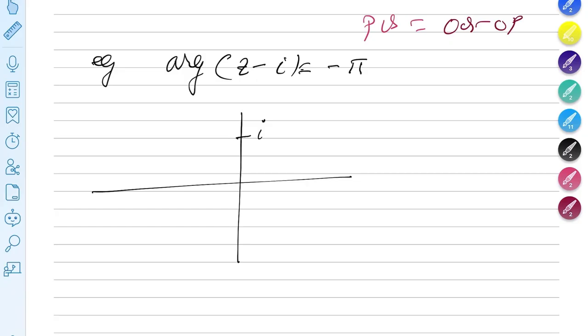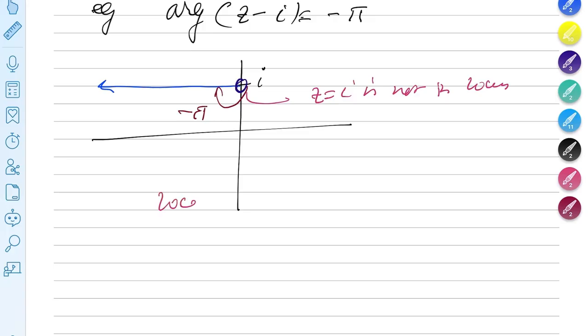So z will be on this side only, then only its angle will be minus pi. They represent all the rays originating from i and moving towards the left-hand side, except i itself. Again I am emphasizing, z equal to i is not in the locus.